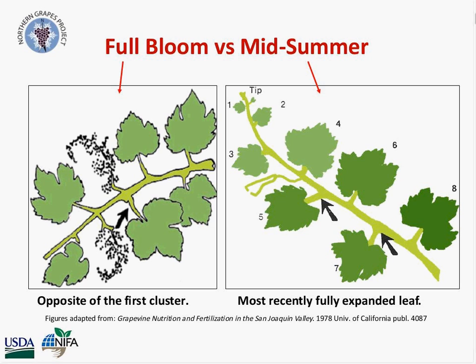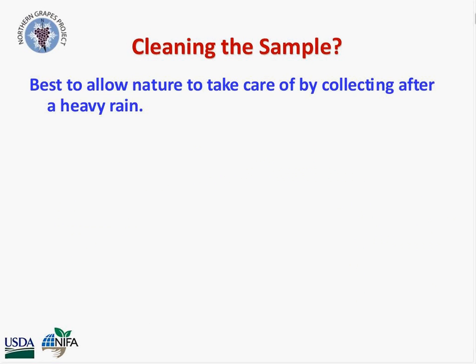Now, clean samples. Here, it's best to allow nature to take care of this by collecting after a heavy rain. However, if samples are dirty or if foliar nutrients were recently applied, rinsing the sample in a mild detergent solution followed by two distilled or deionized water rinses is recommended.